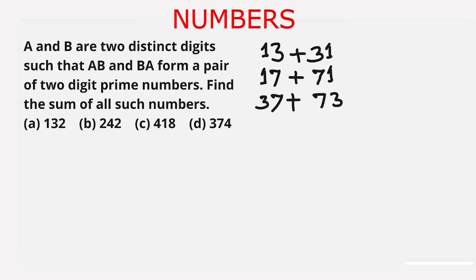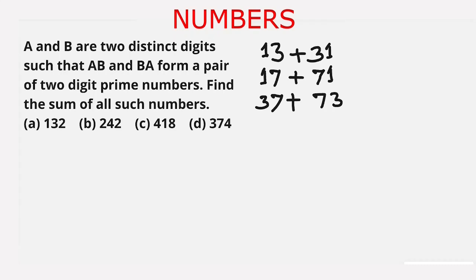After 37, the next prime number is 41, and 41 on reversing becomes 14, and 14 is not a prime number. Then the next prime number is 43, and on reversing the digits we get 34, and 34 is not a prime.